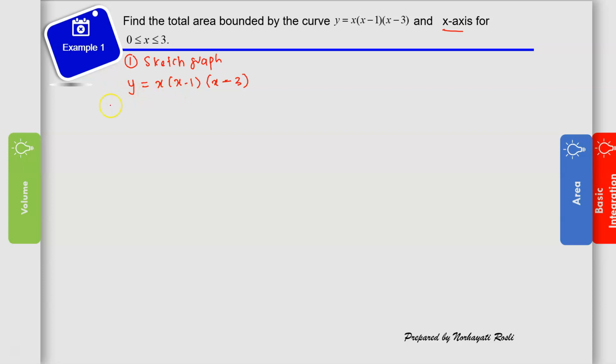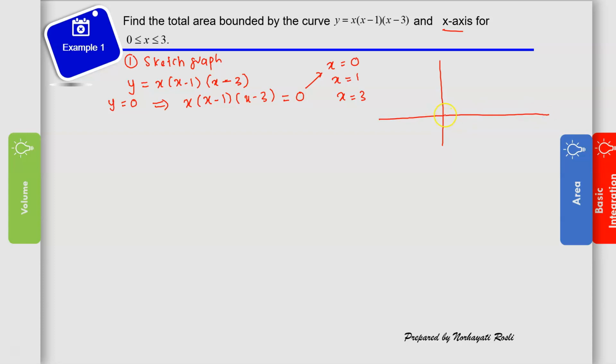In this case, we need to let y equal to 0. So we have x(x minus 1)(x minus 3) equal to 0. When we solve this, we will have x equal to 0, x equal to 1, and x equal to 3. Once we get this, we can plot our graph. When y equal to 0, x is also equal to 0, so this is the point (0, 0).